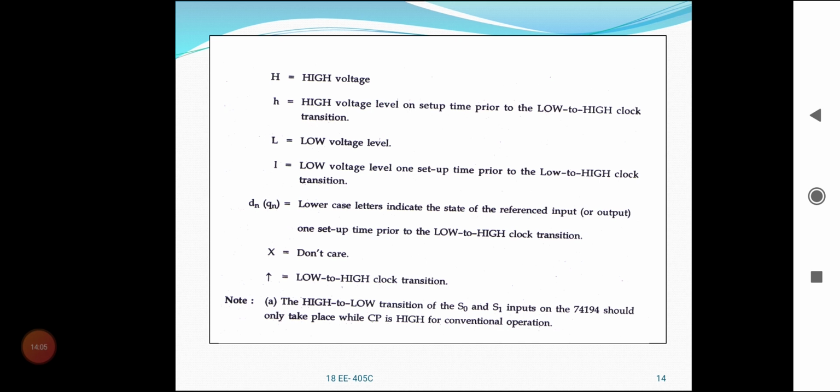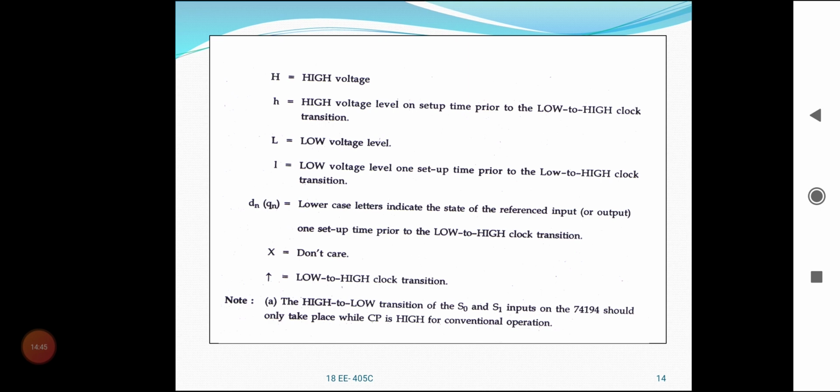Capital H means high voltage level, small h means high voltage level one setup time prior to the low to high clock transition. Capital L is a low voltage level, small l is a low voltage level one setup time prior to the low to high clock transition. DN or QN lowercase letters indicate the state of the referred input or output one setup time prior to the low to high clock transition.